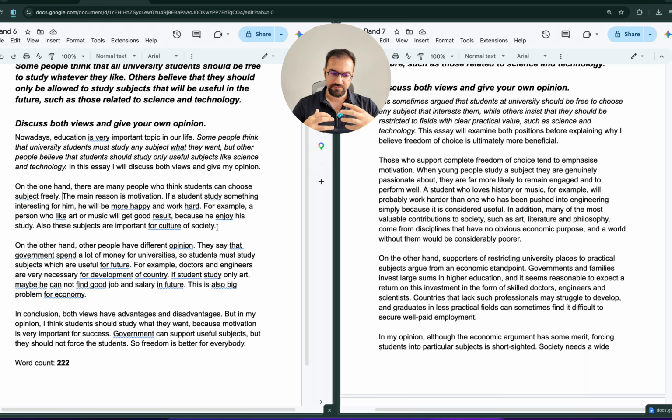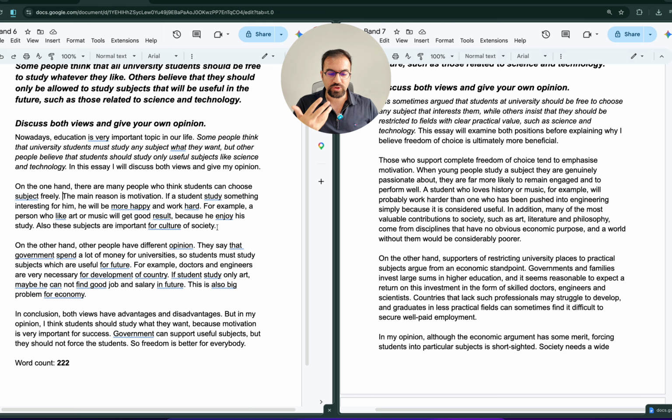Well, yes, the reason is motivation, but how? We are not seeing it fully developed. We are not seeing actually that the student is telling us why motivation is the reason for freedom of choice when it comes to studying subjects. Yes, we do have a conditional sentence, first conditional, but there are grammatical errors.